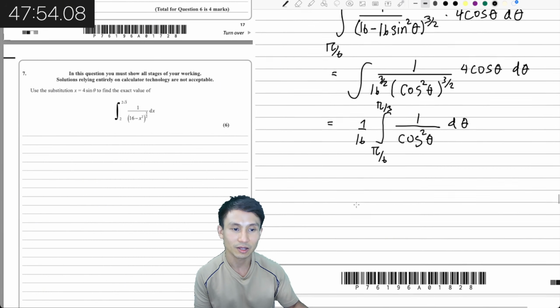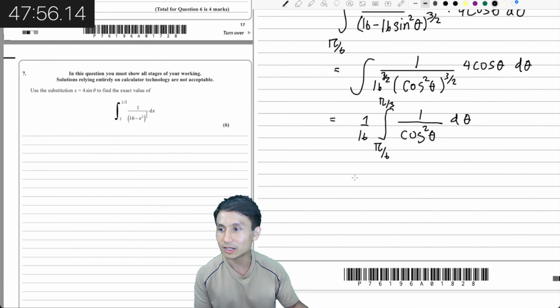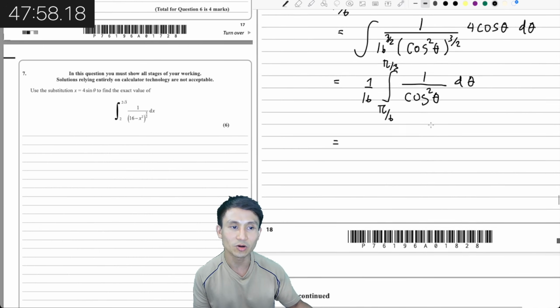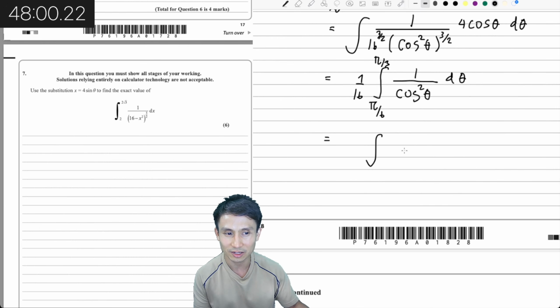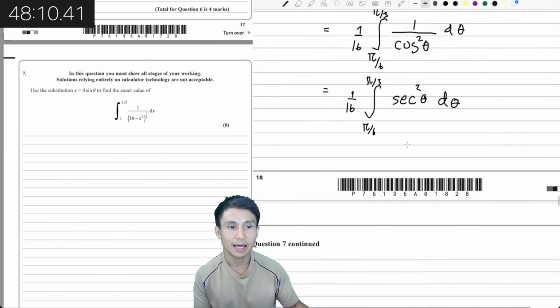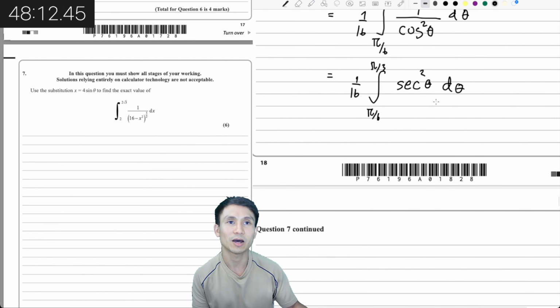All right. Now, how do we integrate that? Well, we know that 1 over cos squared is sec squared. Keeping 1 over 16 as well. And sec squared, how do we integrate that?